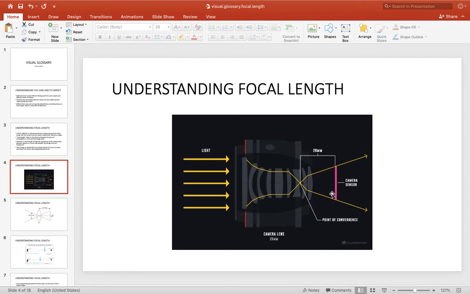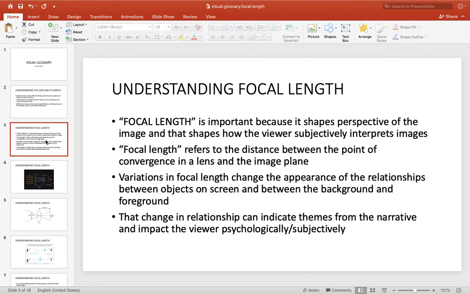This distance between this image plane and the point of convergence in the lens, that specifically is the focal length. So it refers to the distance between the point of convergence in a lens and the image plane.